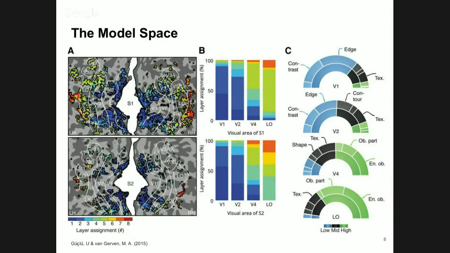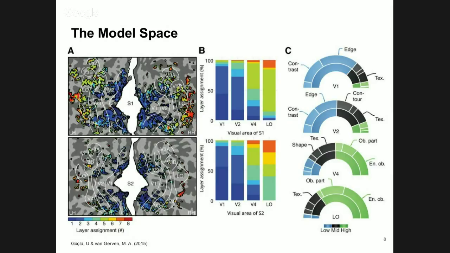And these two figures show how their deep convolutional neural network can account for this gradient of complexity of features. What did they use AMT for? Oh, because they have a lot of voxels that they get from the brain. I thought they used regression.